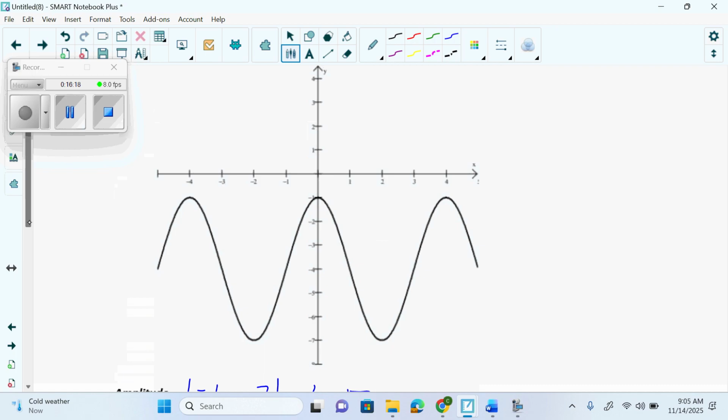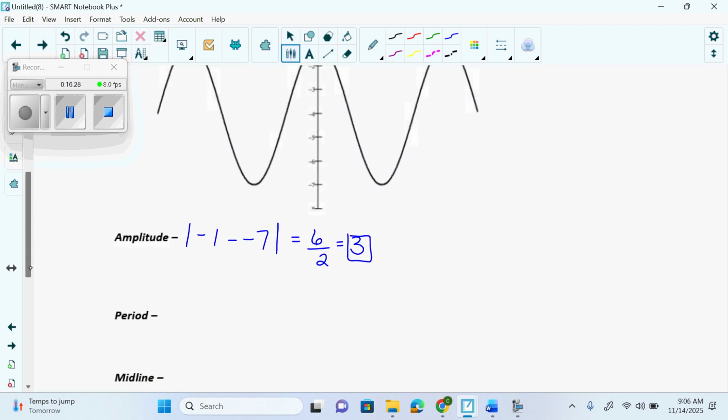The next one's actually a max, 2a max. So the period is 4. There's no degrees, so it's radians. So B equals 2 pi divided by the period, which is 4, which reduces to pi over 2.